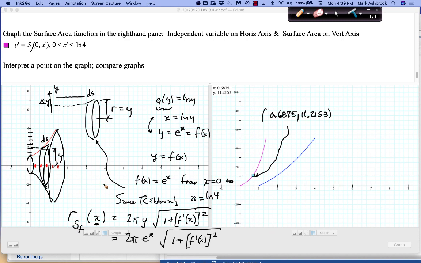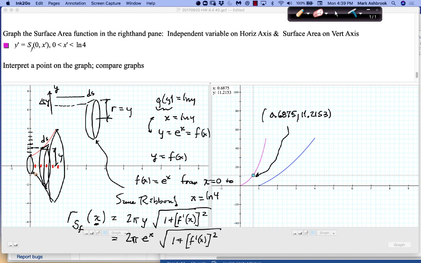It means that when my x value over here is 0.6875, right, so again, x is increasing through delta x intervals here, generating frustums that are these ribbons, and accumulating surface area as the ribbons grow in 2 pi r, right? So the 2 pi r is adding on surface according to ds.